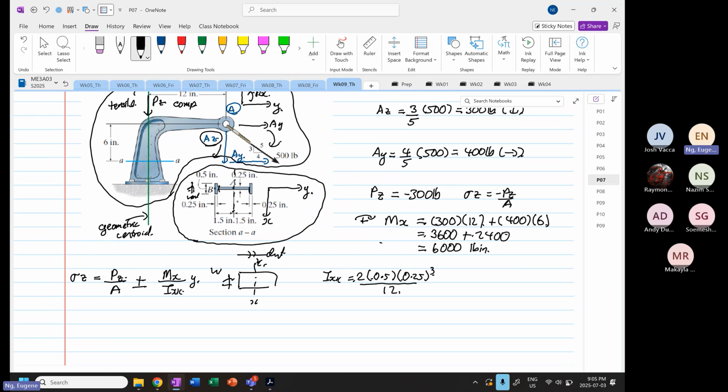Then for IXX I have to do a plus. Why do I have to do a plus? Because the axis of interest is XX, so it's twice 0.5 multiplied by 0.25.